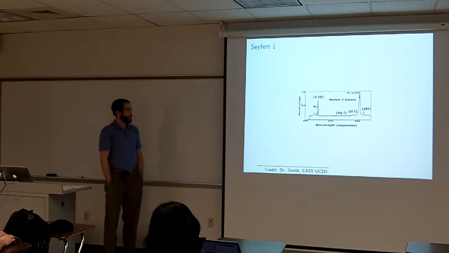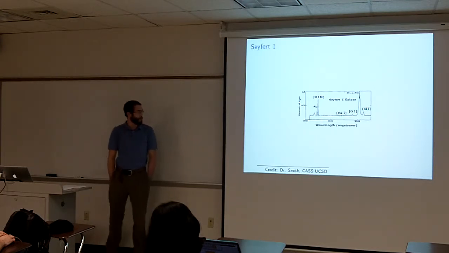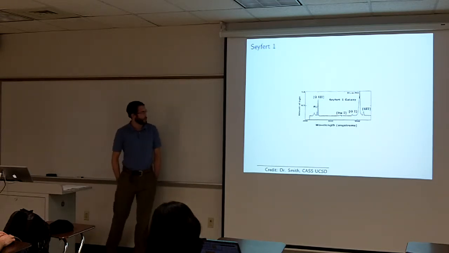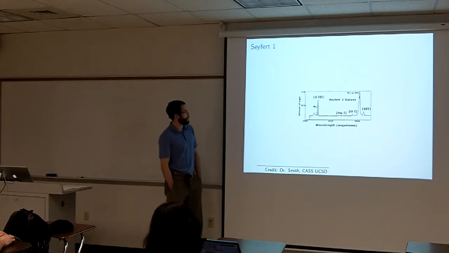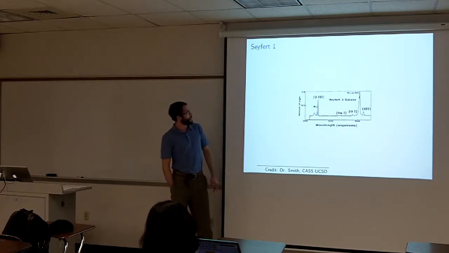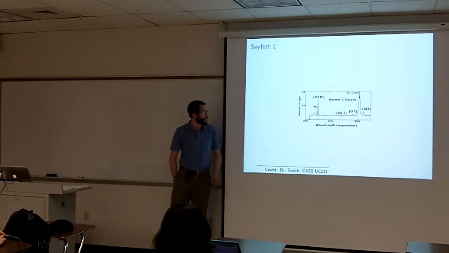So what makes a Seyfert 1 galaxy a Seyfert 1 galaxy is the broadened permitted lines with respect to the forbidden lines. So in this spectral diagram, you can see that the H alpha line is much broader than the N2 lines and overtakes them.